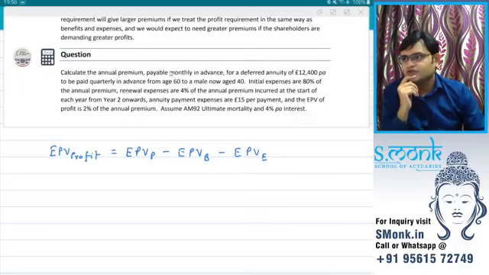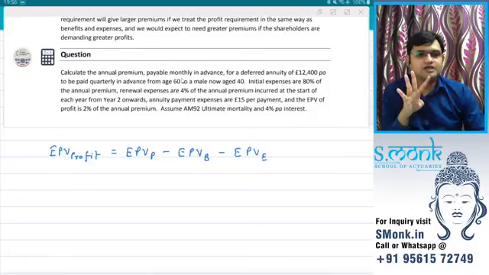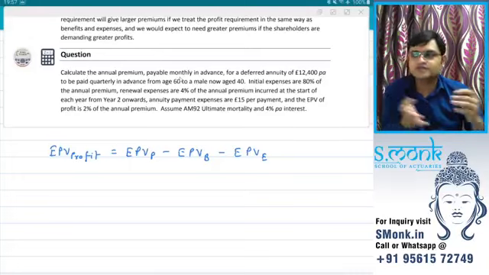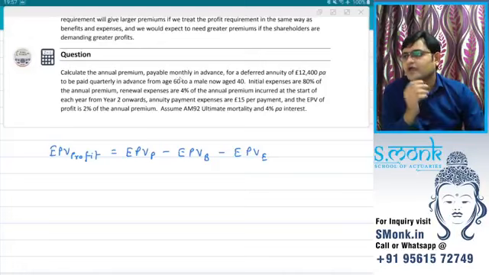Premium is payable monthly in advance, right? So if we take p as the monthly premium, 12p will be the annual premium. Anyways, now here they are asking us to calculate the annual premium.